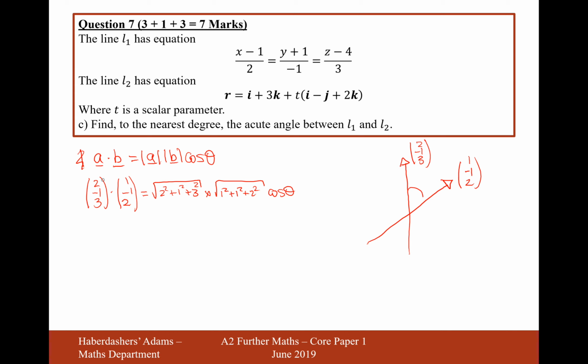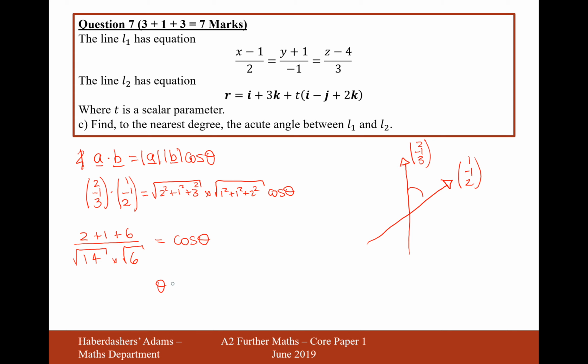That's 2, 1 minus 1 times minus 1 is 1, and 3 times 2 is 6. Then we're going to divide these two square roots onto the other side, so that's 4 plus 1 is 5, plus 9 is 14, times 1 squared plus 1 squared plus 2 squared, that's 6, equals cos theta.